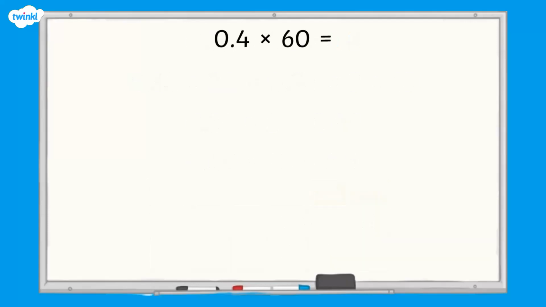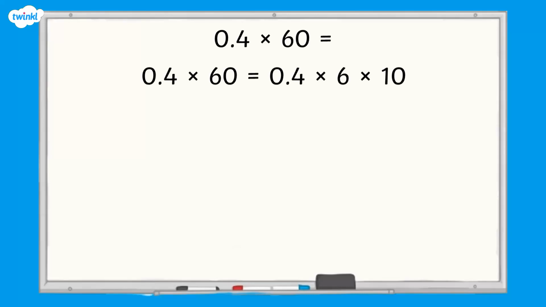Let's use our times table knowledge to calculate 0.4 multiplied by 60. 0.4 multiplied by 60 equals 0.4 multiplied by 6 multiplied by 10. Remember that we can multiply these numbers in any order.